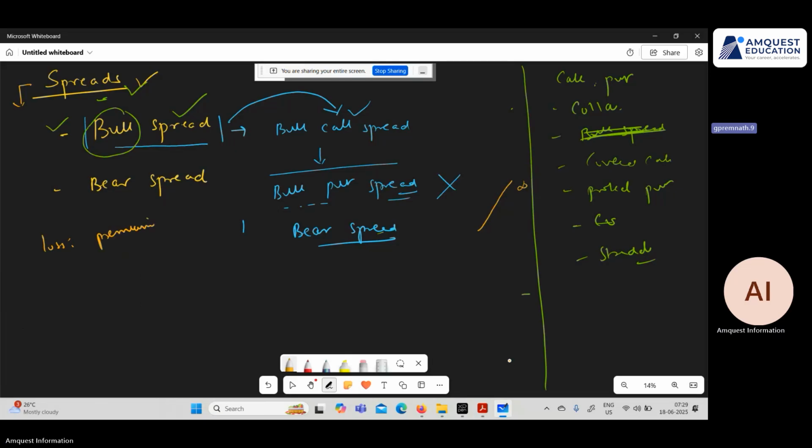Break even would be the higher strike price minus the premium paid. Maximum profit will be higher strike price minus lower strike price minus premium paid.